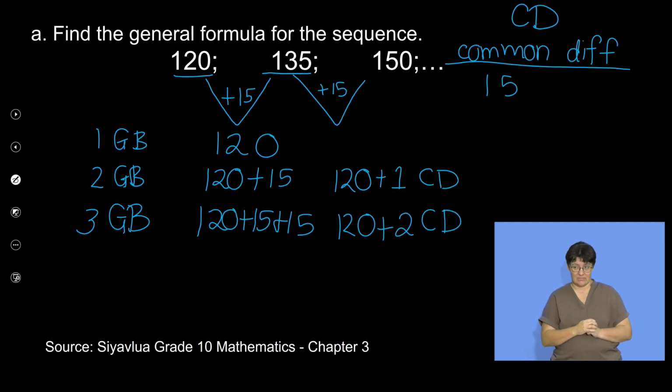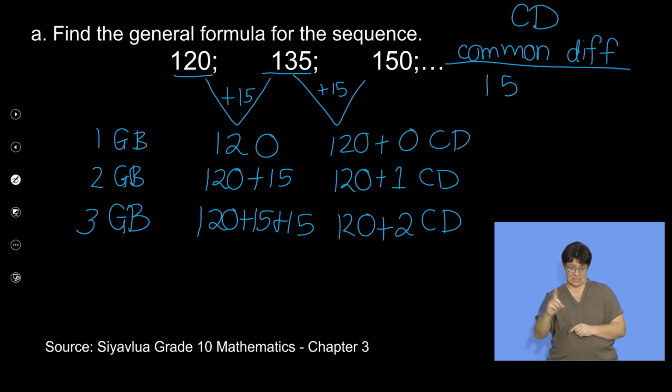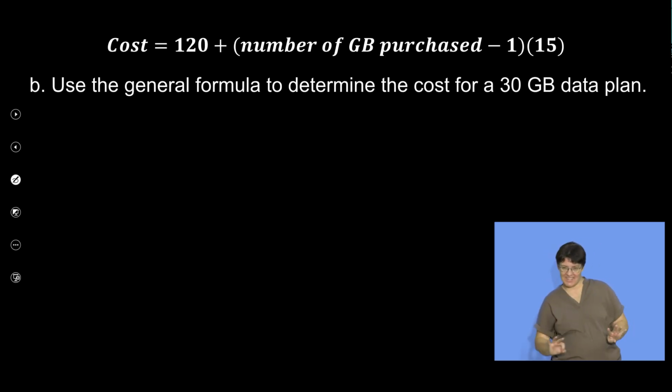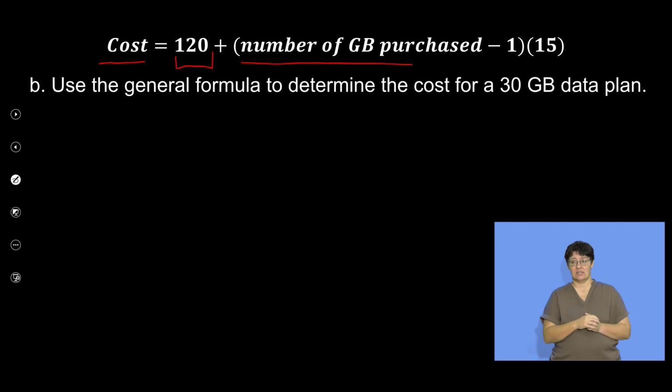So everybody, we can see that for 1 gigabyte, we had 120 plus no common differences. But each time I added a common difference, I took 1 less than the actual gigabyte number. So for 3 gigabytes, I had 2 common differences. So I can actually write down my rule is that the cost is 120 Rand plus the number of gigabytes purchased minus 1 times 15.